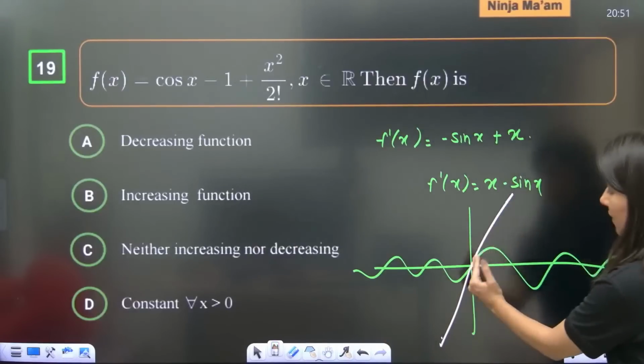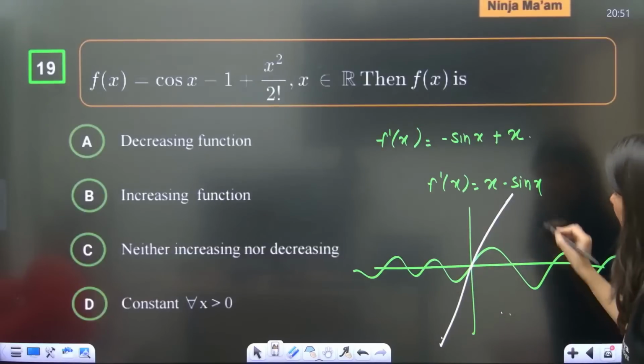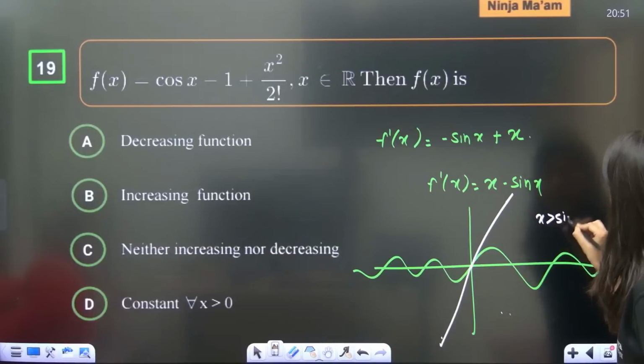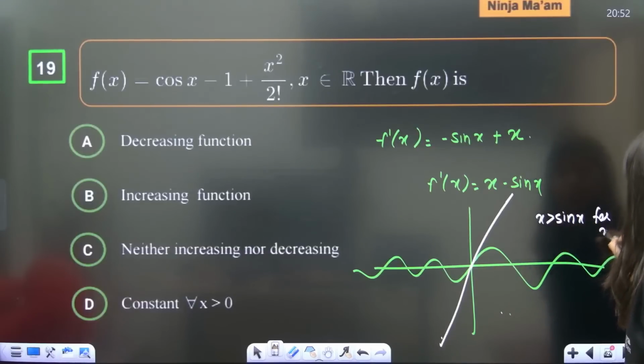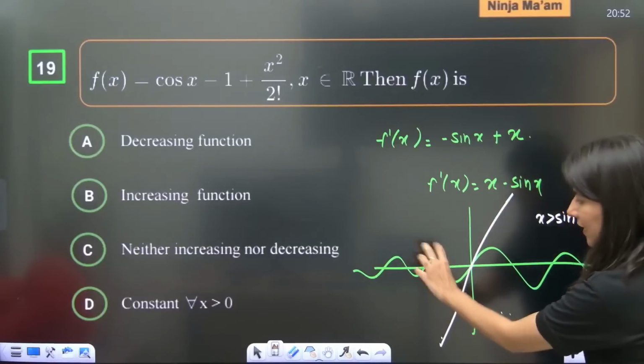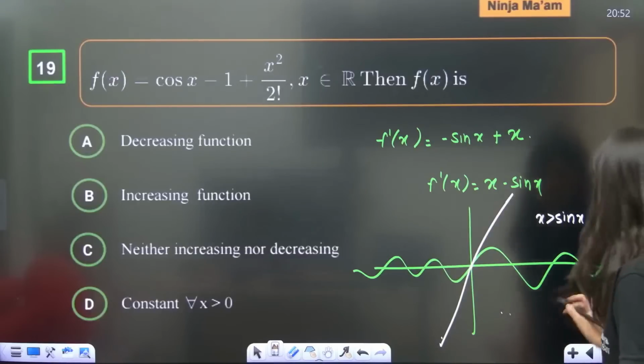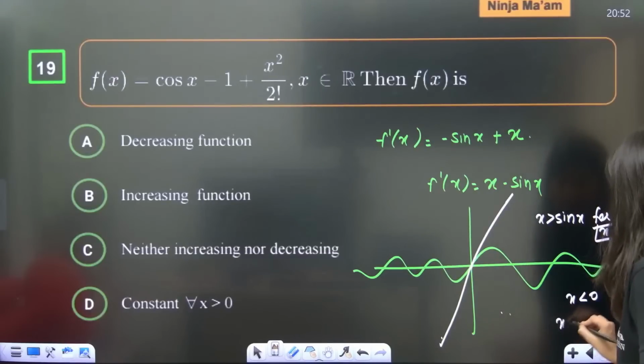See, if I talk about x minus sin x, x is greater than sin x for x greater than 0. For the positive side, it is happening. For the negative side, can you see sin x is above and x is below? So for x less than 0, x is less than sin x.